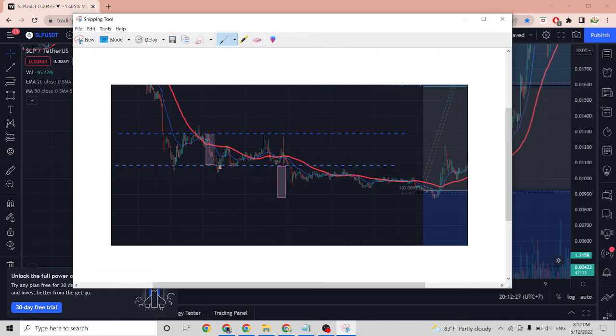Okay, so we know that this trend is sideways, and we measure from here, drawing a rectangle from here to here, and pass it because it breaks here. It breaks here. Yeah, it breaks. So copy this one and paste it here, and you know where to buy next. It's here, yeah, to buy it here.